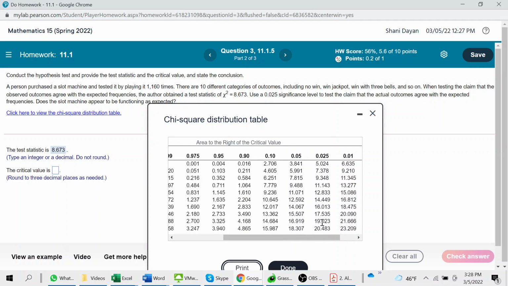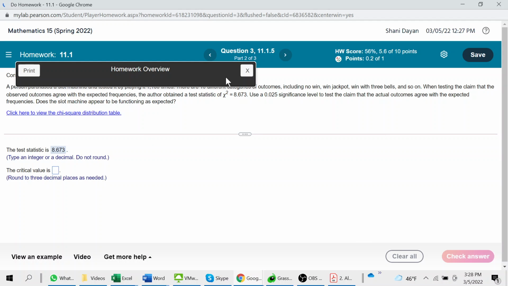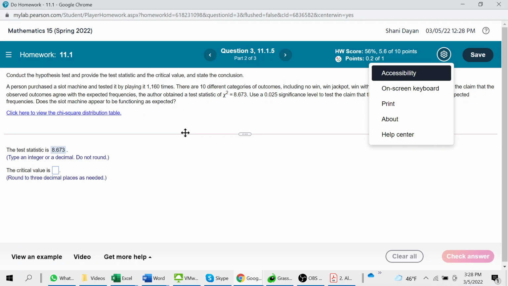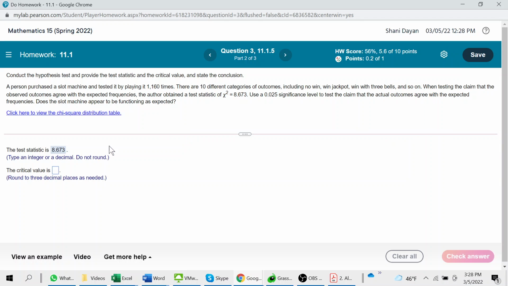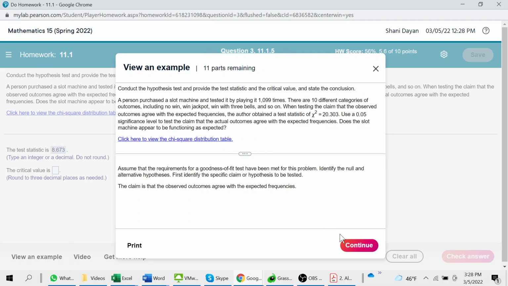So it's 19.023. Let me just double check something. Let's view an example just to double check.